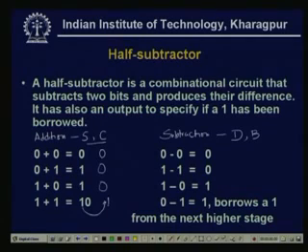Now, if I want to change this addition operation into subtraction, then what we can do: this 0 plus 0 equal to 0. As if one operand from here, say this 0, I can shift here, which means this will be 0 minus 0.